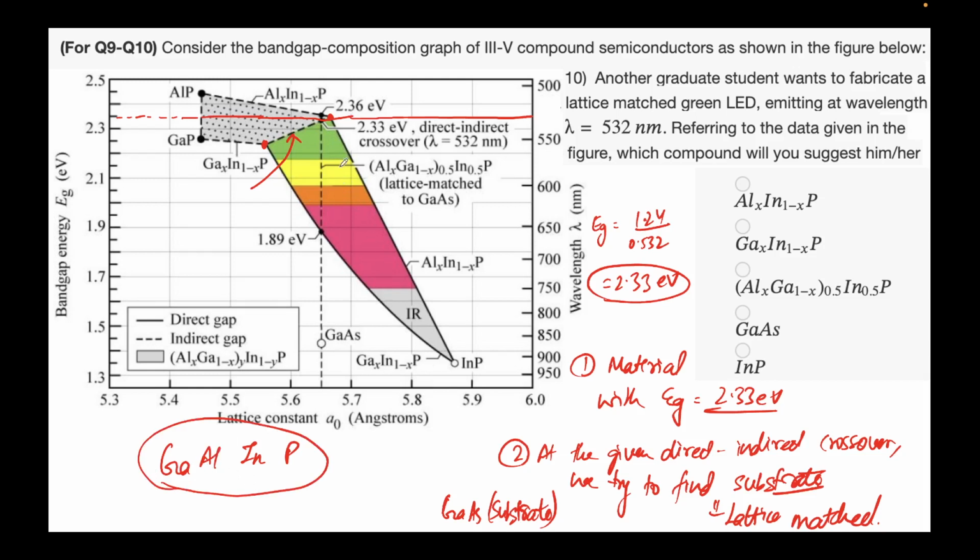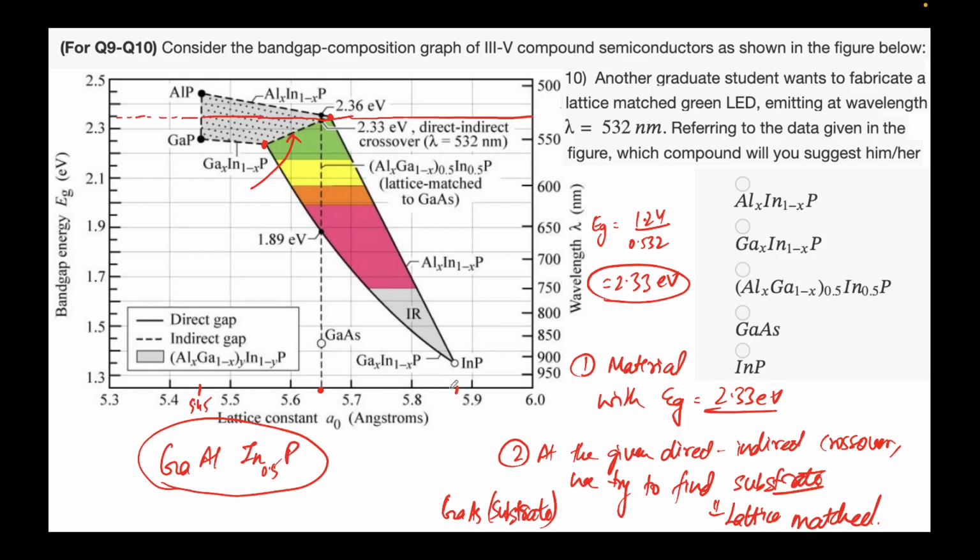And what we see here is that x has to be figured out based on the lattice constants that we have. So for instance, here it's 5.65, right? This point is 5.65. It starts from 5.45 to 5.85. So actually indium is exactly 50%. Able to calculate? This is 5.45.